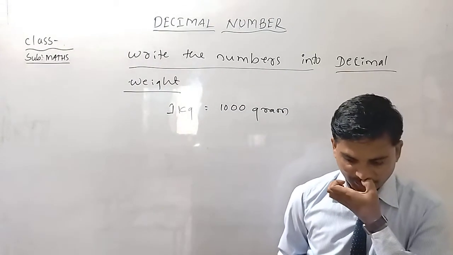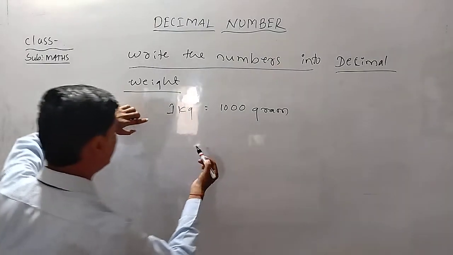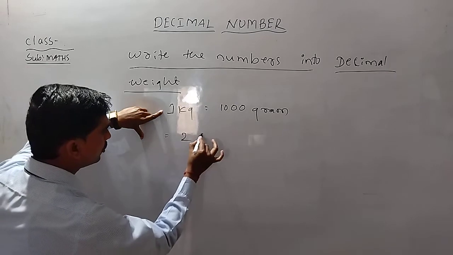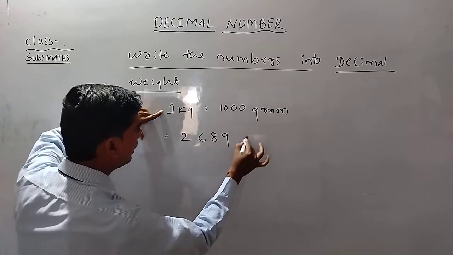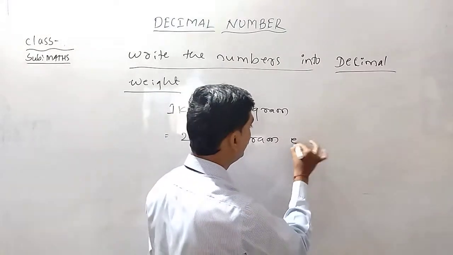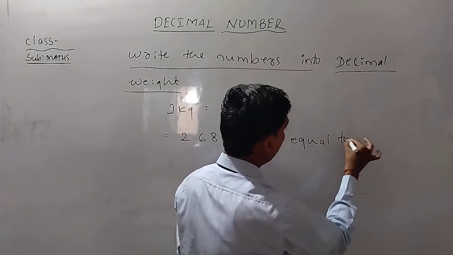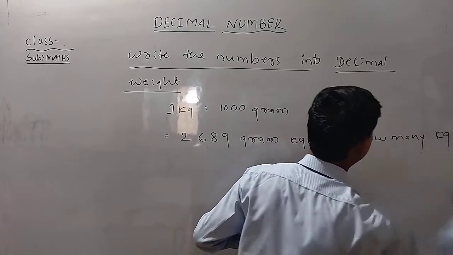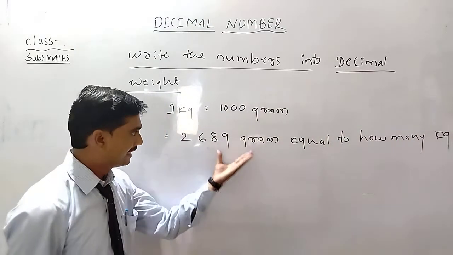Remember, dear students, 1 kg equals 1000 grams. So you should tell 2689 grams is equal to how many kg? Remember that. This is the question.